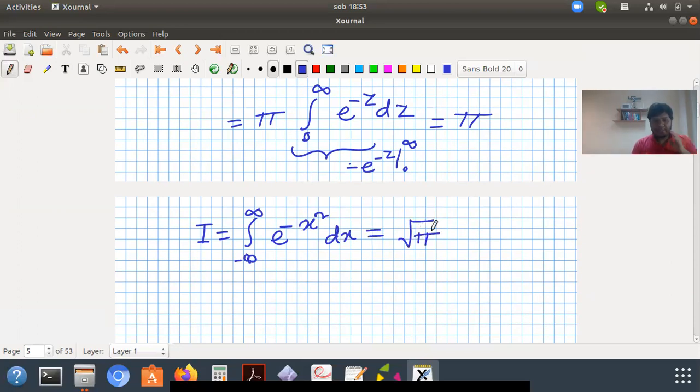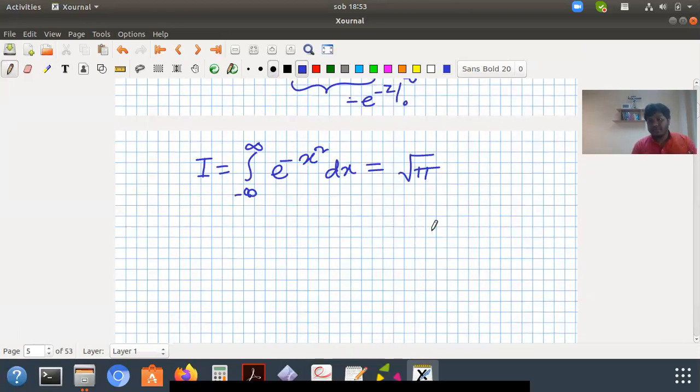So this is very simple, but very important. We use this identity so many times in physics. Whenever I discuss quantum mechanics, I will show you how important this Gaussian integration is.